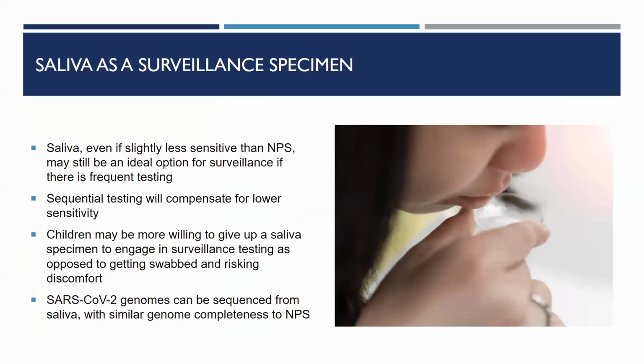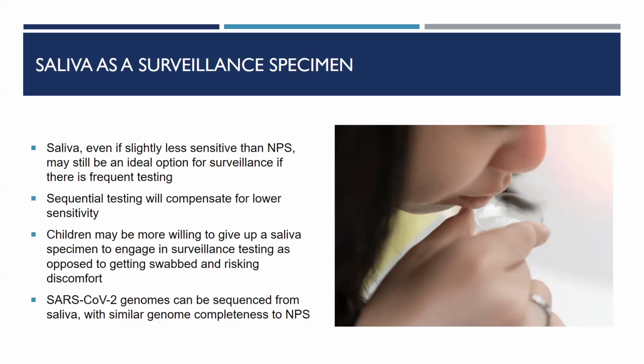So even though saliva may perform slightly less sensitive than NP swabs, it may still be an ideal option for surveillance if there is frequent testing. So the idea is that because you're sequentially testing and you're testing a lot of times, that could compensate for the lower sensitivity because eventually, if the patient does turn positive, you will capture it. And for children, they may be more willing to participate in surveillance studies because it is not as painful as getting swabbed.